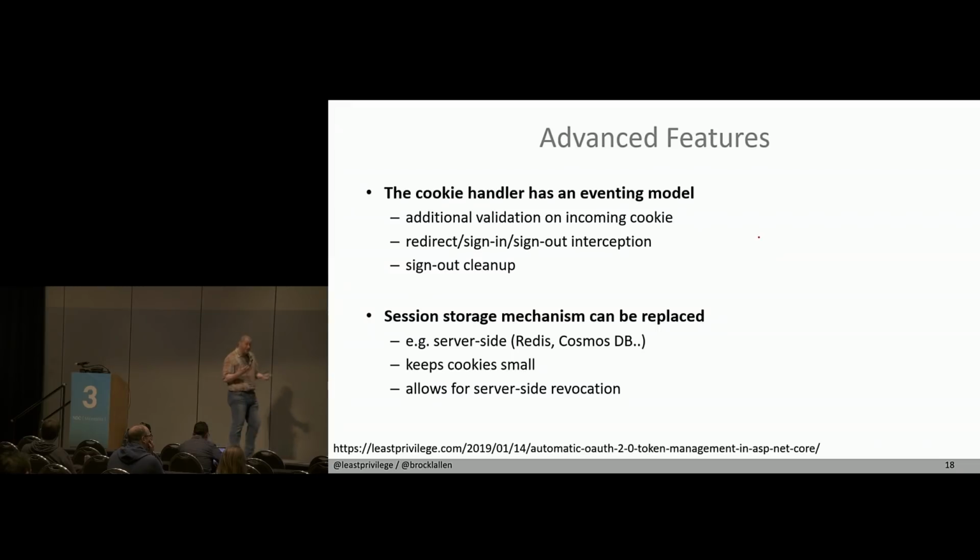All right, good. There are a few other features on the cookie handler. Actually, all the handlers have this eventing model where when interesting internal processing is occurring, they'll raise an event. And so for the cookie, a couple of the interesting events are, so the cookie comes into your application. The authenticate gets called because we have the middleware. The cookie handler will read the cookie, validate it with data protection.